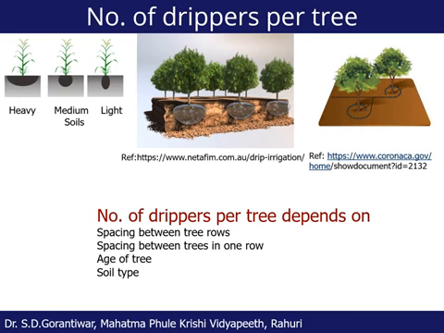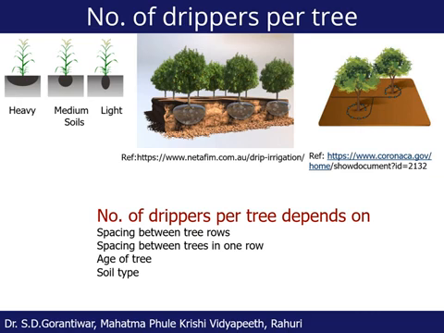If more drippers are to be installed per tree, I have shown one emitter arrangement as well along the ring. So just to summarize, the number of emitters is important, and spacing between emitters is also important. When we say that more emitters are required in light soil, or the spacing between emitters has to be less in light soil, this doesn't mean that in light soil we have to apply more water.